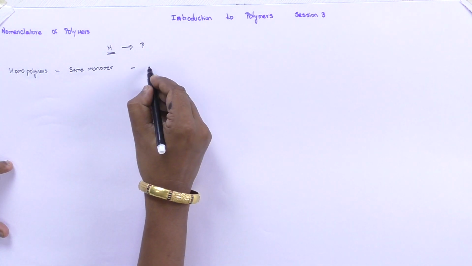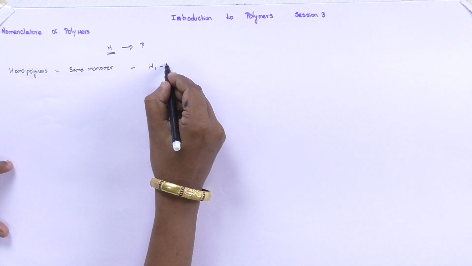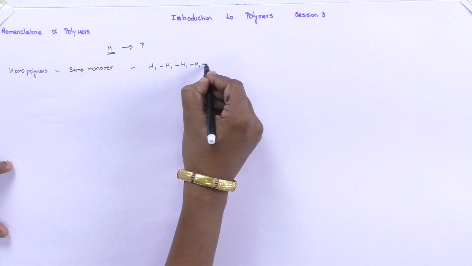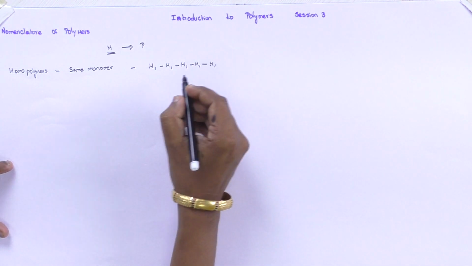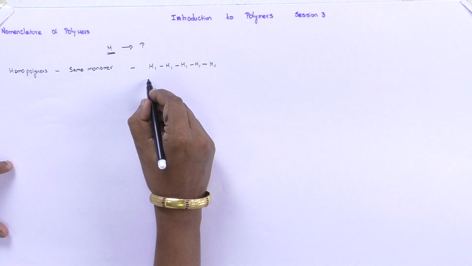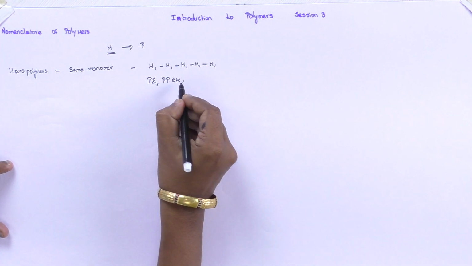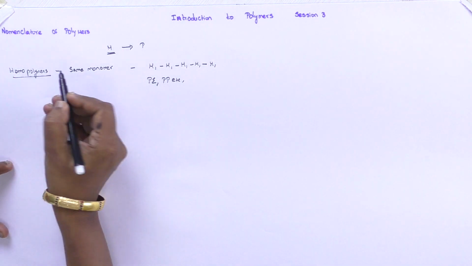Example, you can write a monomer like this: M1, M1, M1, monomers of the same type. Examples are polyethylene, polypropylene, etc. So, these are homopolymers.